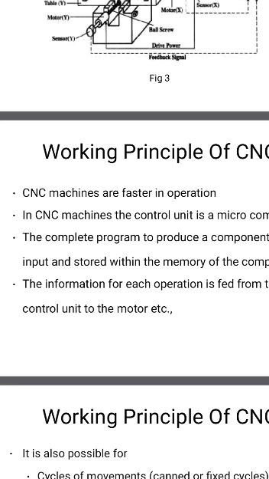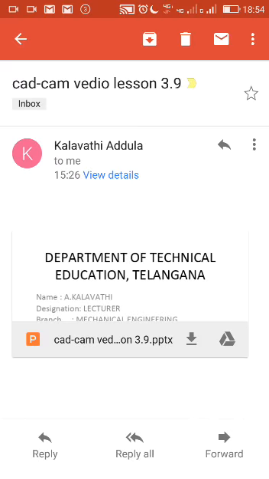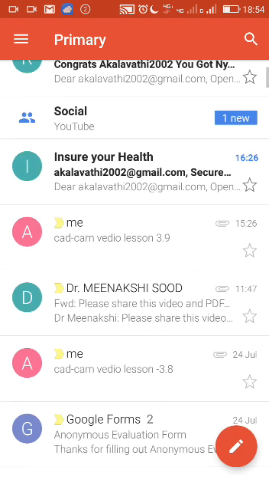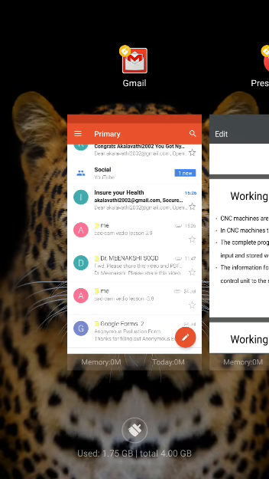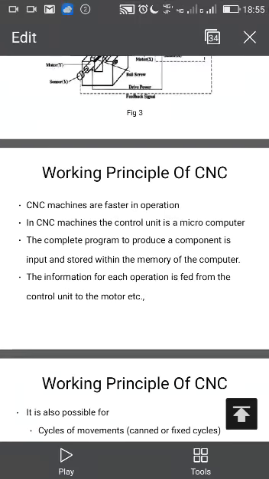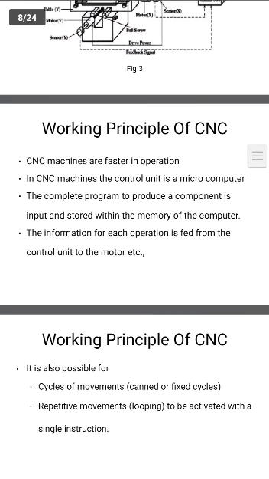The appearance of the CNC machine is very similar to the conventional NC system. We have studied the NC system, DNC system and CNC system, three types. So it is similar to the NC system.